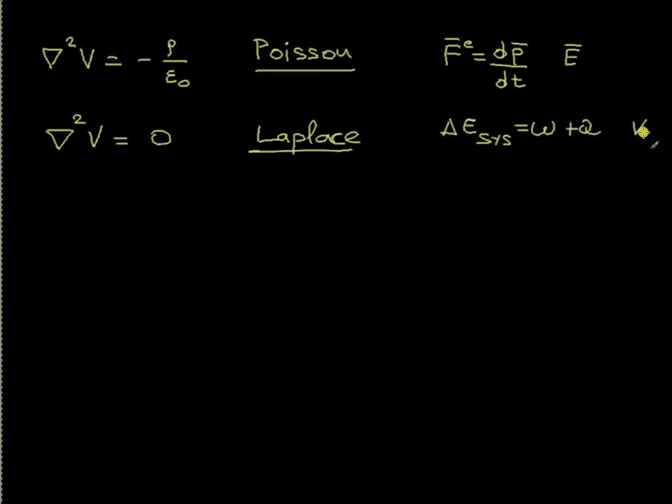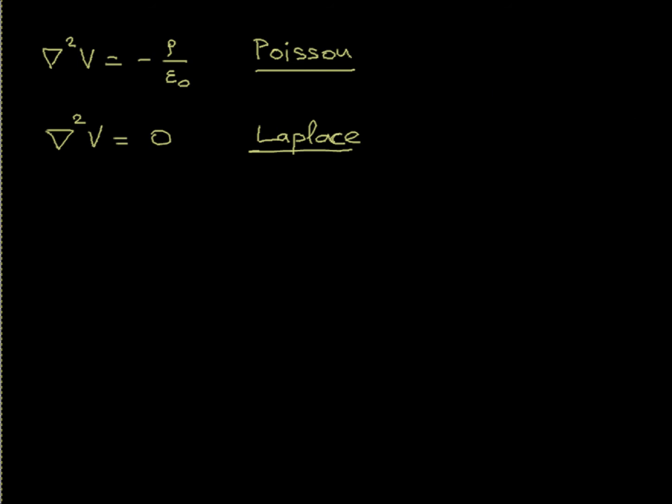In this chapter, about half of the chapter on potentials is devoted to finding the electric potential. And to do that, the method that we use is to solve either Poisson's equation or Laplace's equation.